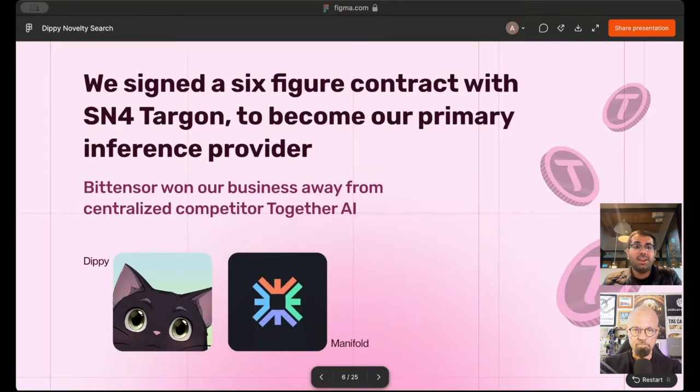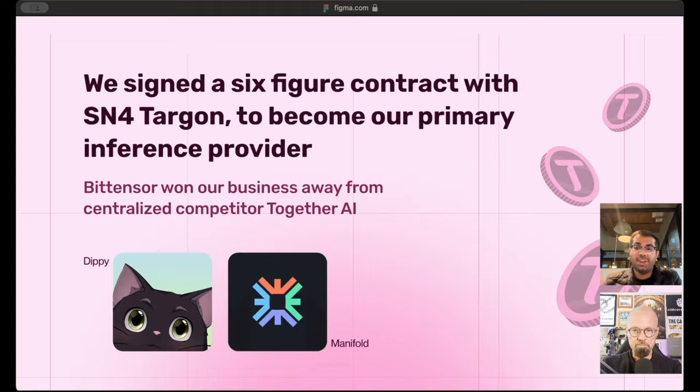And we actually ended up churning away from Together AI, which is a multi-billion-dollar centralized inference provider, to Targon. And this wasn't out of us wanting to use another subnet or really be pro BitTensor. This was purely because it was a better product. So we ran a pilot for 3 months where 50% of the traffic went to Targon, 50% went to Together AI.